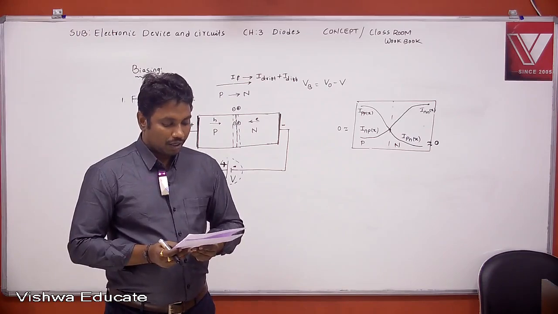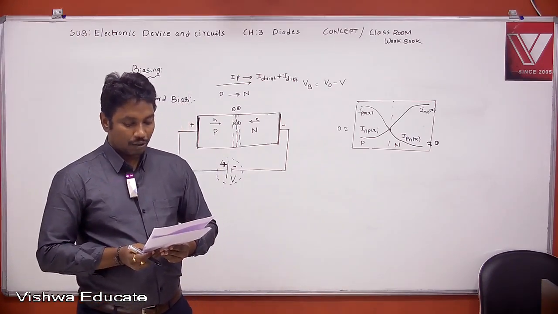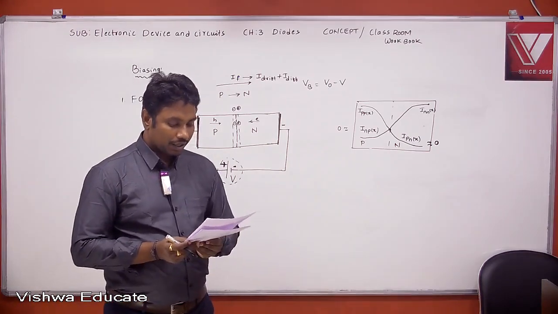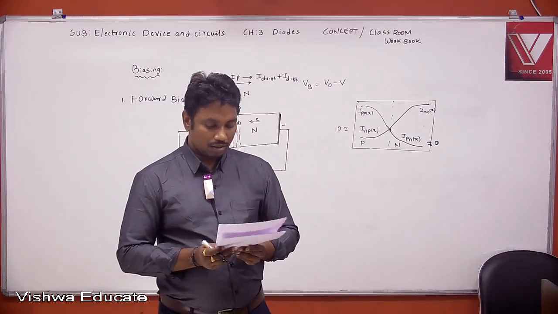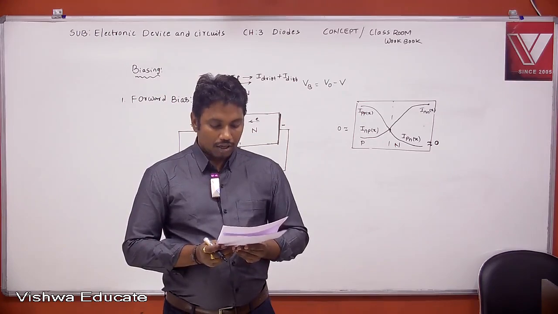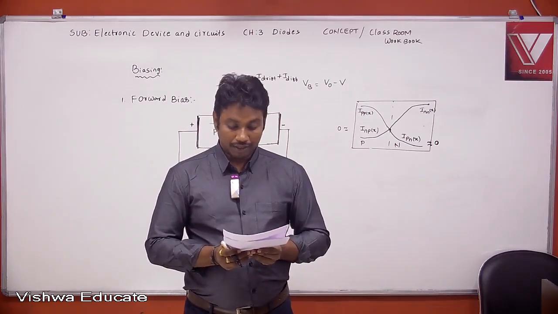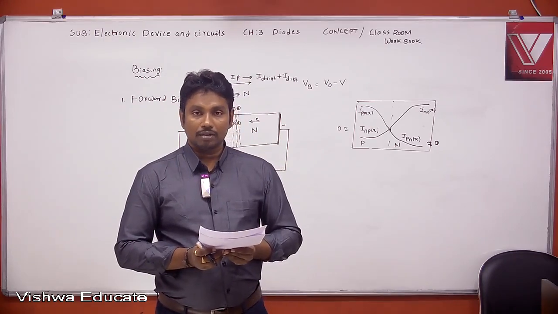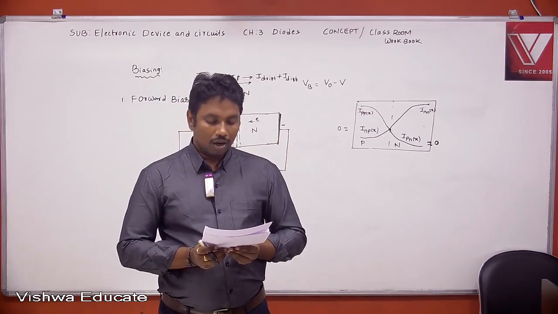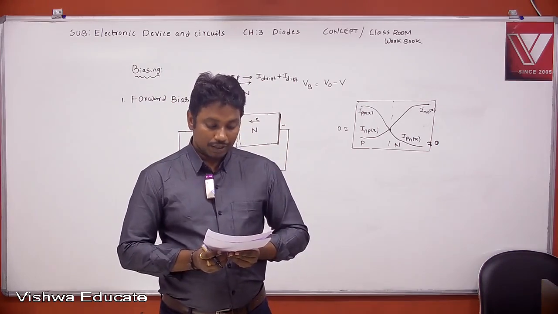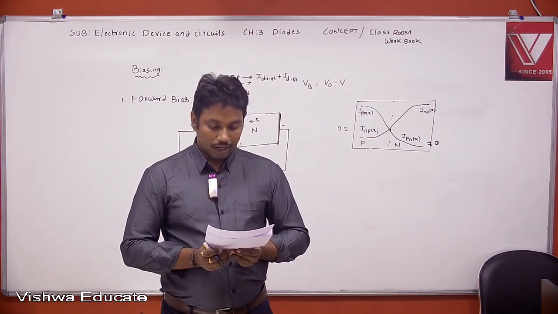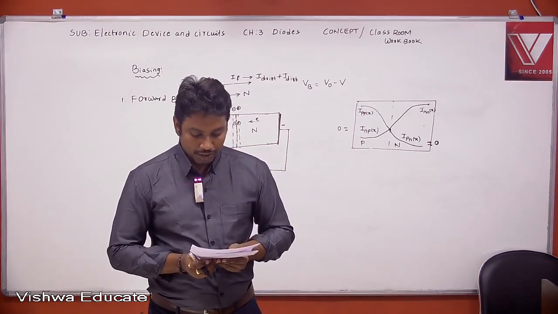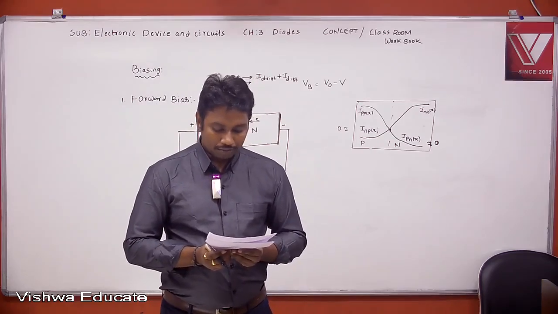In a forward biased PN junction diode, the sequence of events that best describes the mechanism of current flow is option A: injection and subsequent diffusion and recombination of minority carriers.